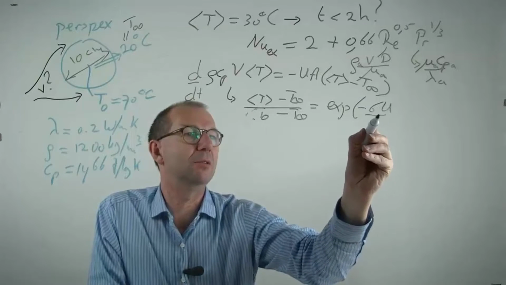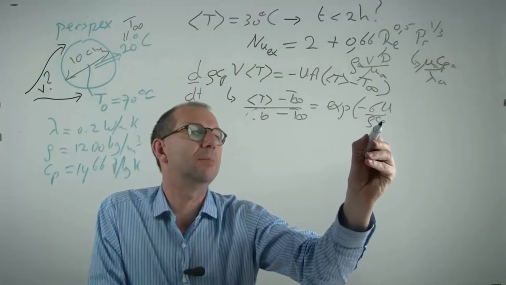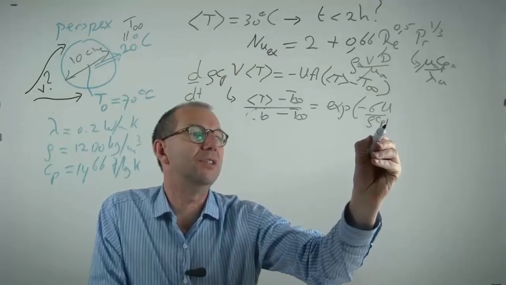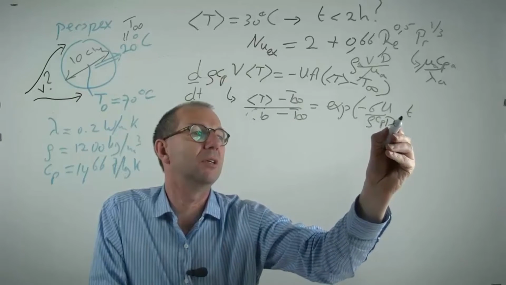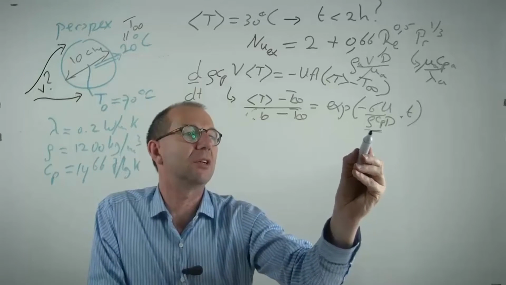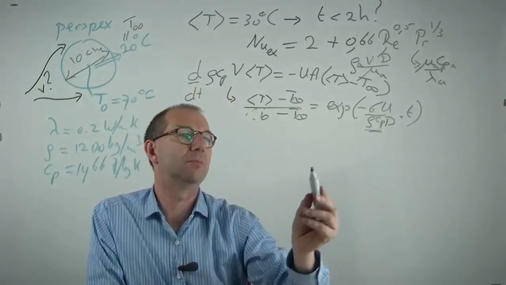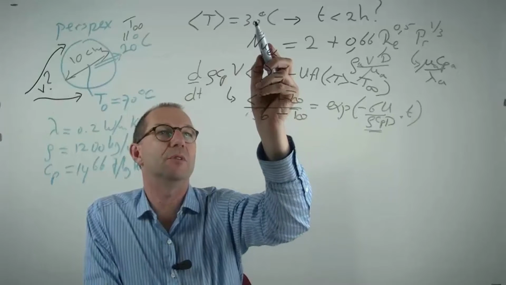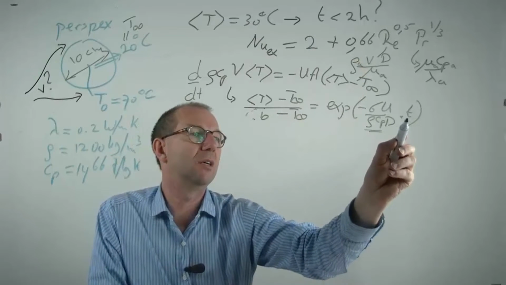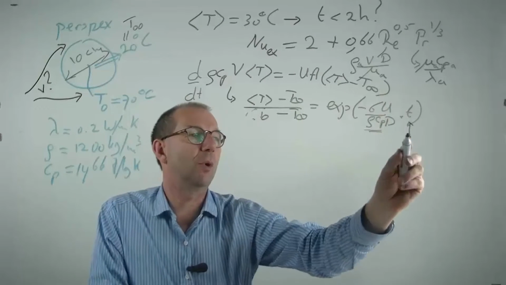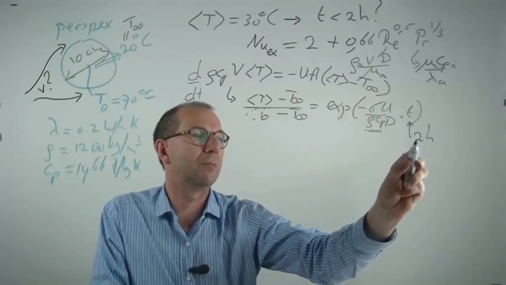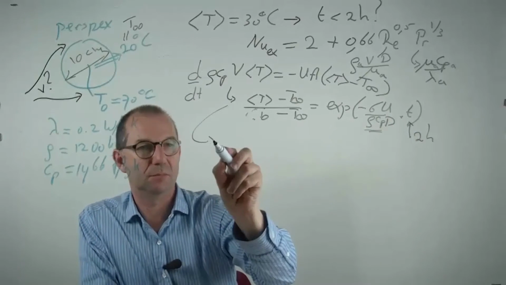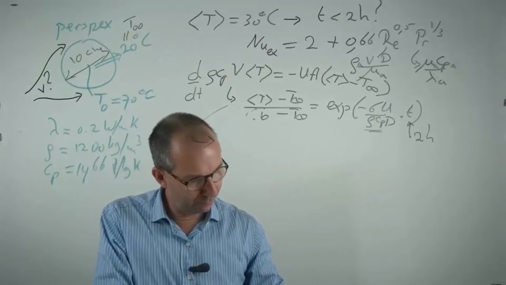Minus 6U over rho Cp d times t. These are taken from the sphere. d we know, U is unknown. Now we have t and required that t is less than 2 hours, so we take 2 hours for it. That gives me a rule on U itself.